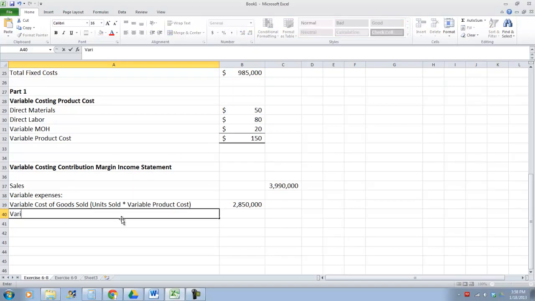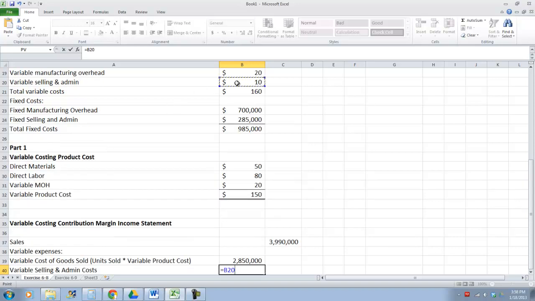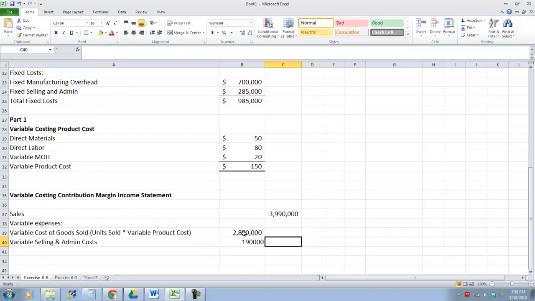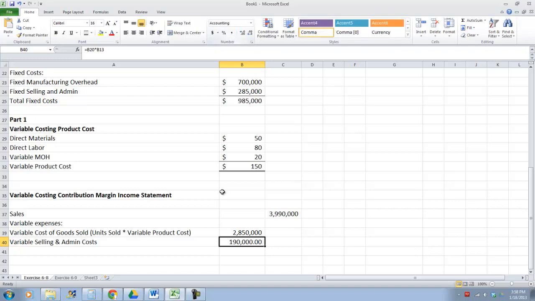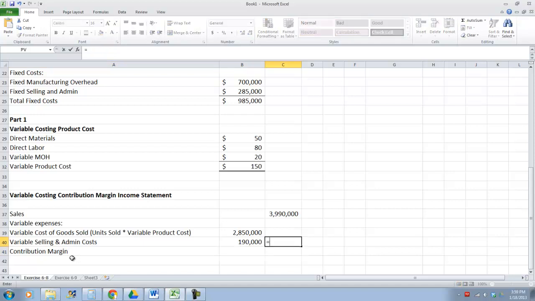We also have variable selling and admin costs, and that was given in the problem. That's $10 per unit times the 19,000 units. So our contribution margin is our sales minus our total variable expenses.